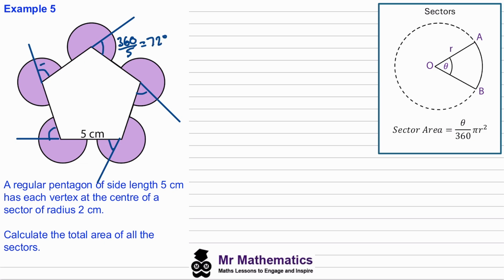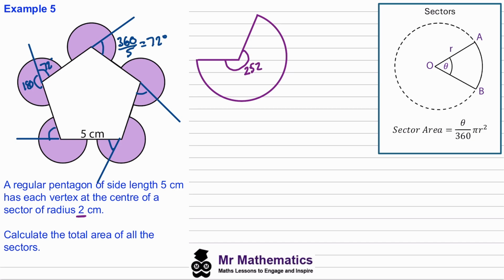And if this is 72, we know this will be 180. So the angle of our sector will be the 180 plus the 72. And this gives us 252. So if we just look at one of the sectors, we know the angle is 252.